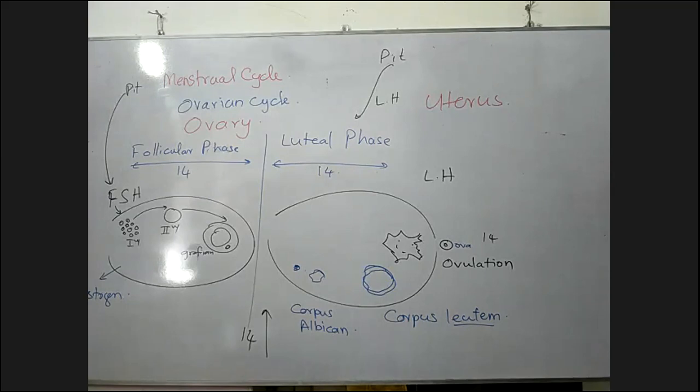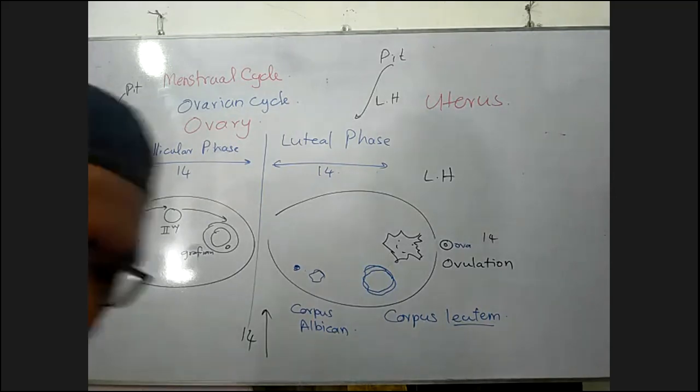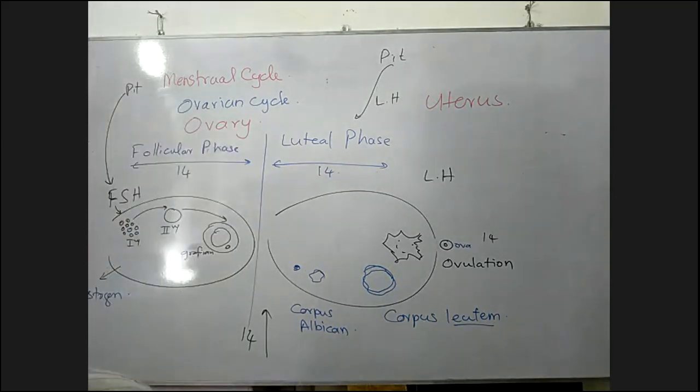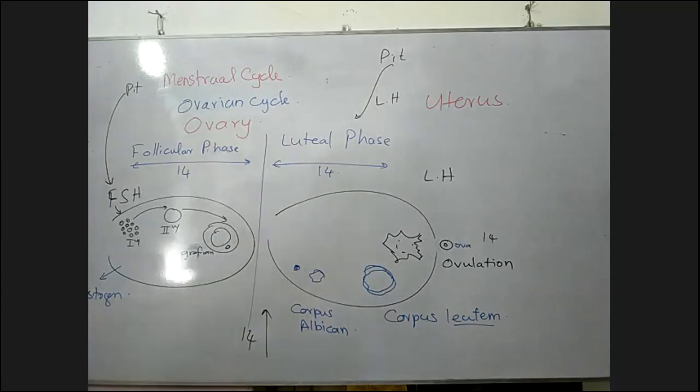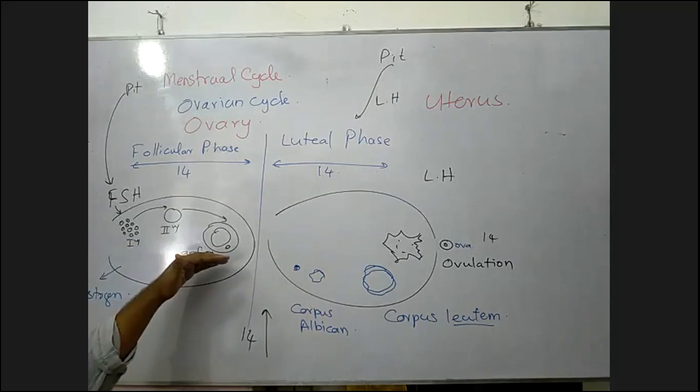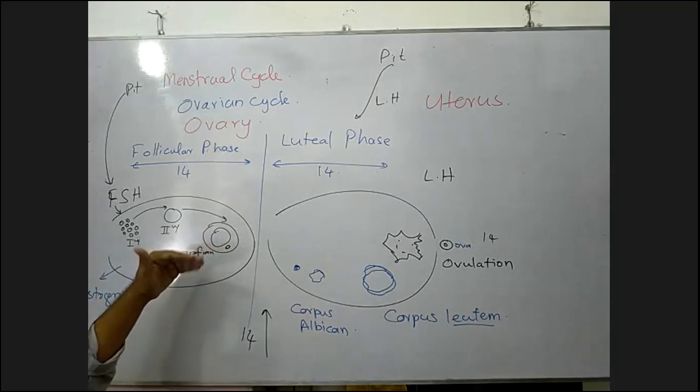Sir, after producing the Graafian follicle, the follicular phase ends. Yes, with the Graafian follicle, the follicular phase ends. And the ending of the follicular phase will start the luteal phase.